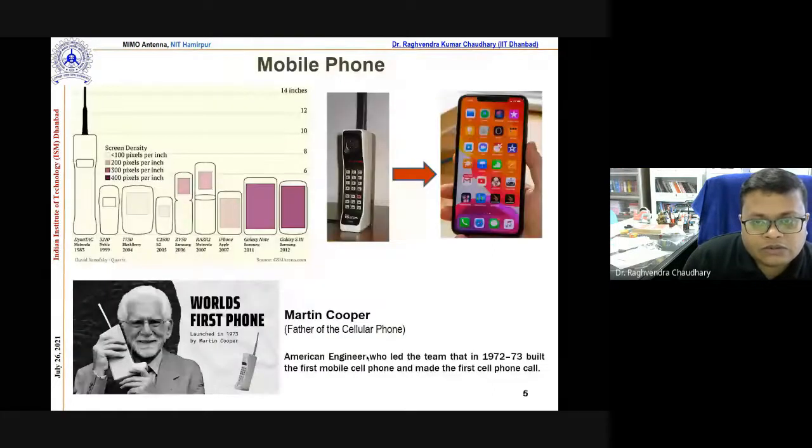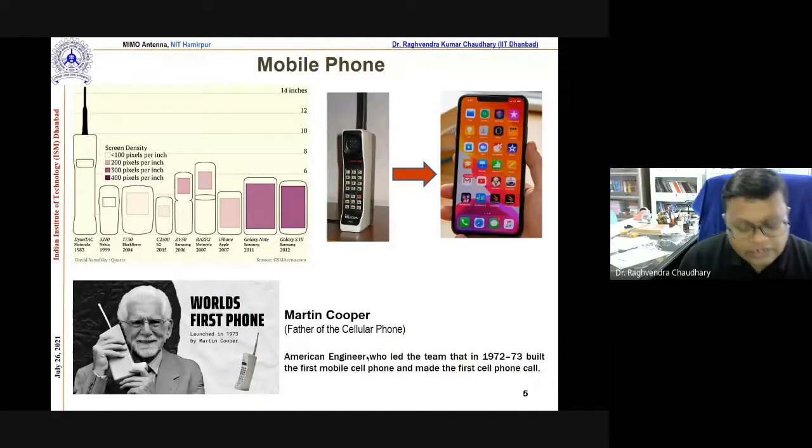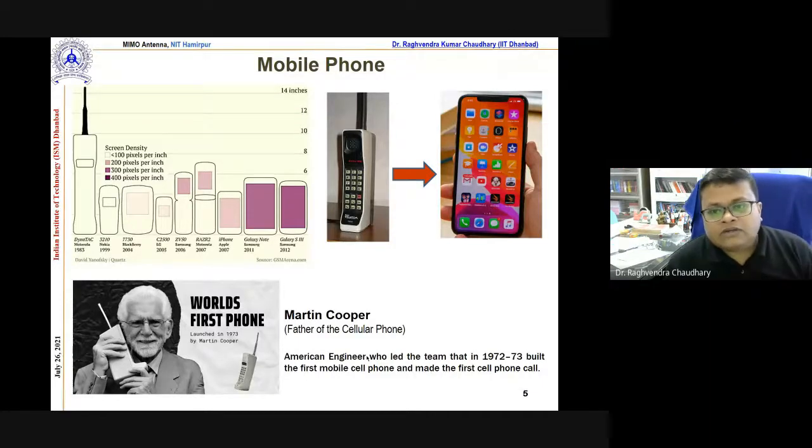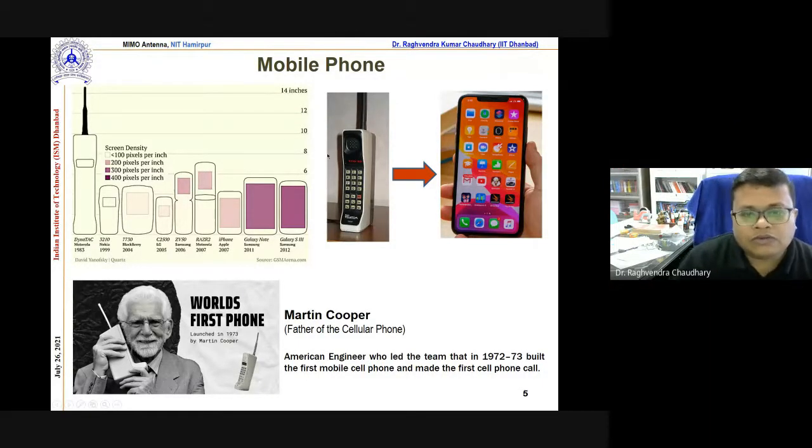Motivation. It is very important nowadays and an integral part of our life. You may or may not be aware that the first mobile phone was launched by Motorola, and Martin Cooper is called the father of the cellular phone. He is an American engineer who led the team in 1973 to build the phone.